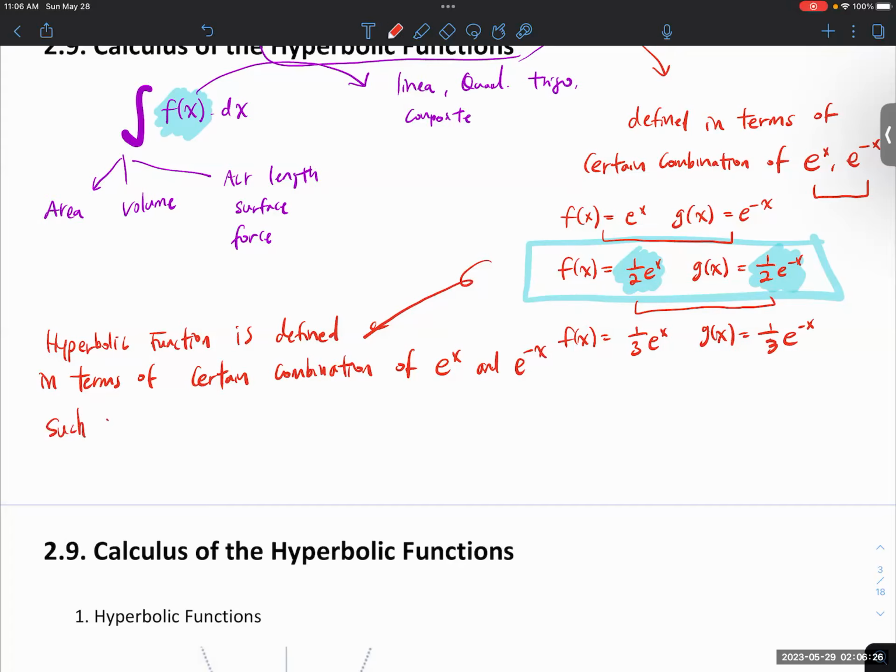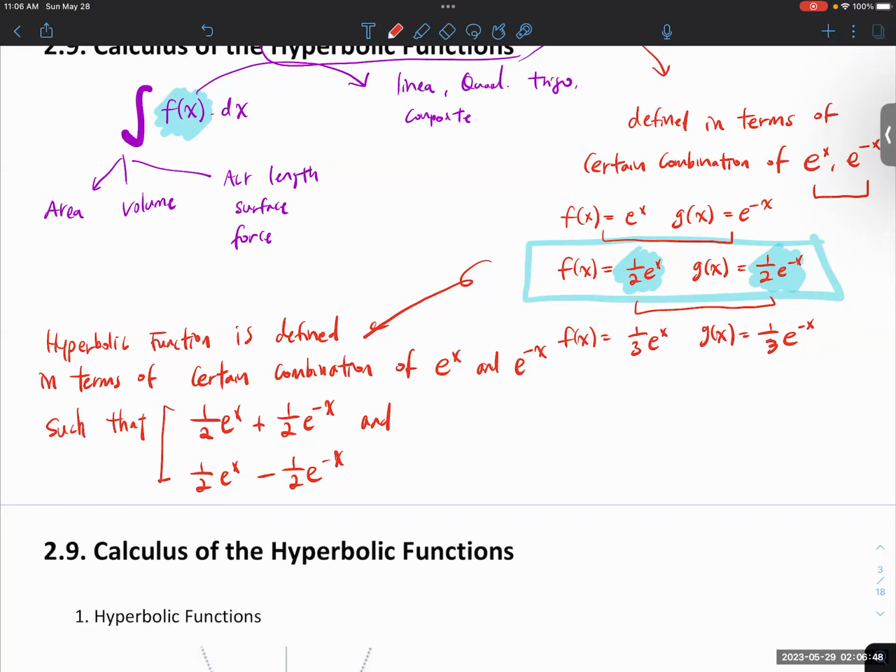More specifically, you can add 1 over 2 e to the x plus 1 over 2 e to the negative x, and subtract 1 over 2 e to the x minus 1 over 2 e to the negative x. We're going to talk about those two hyperbolic functions in this 2.9 unit.